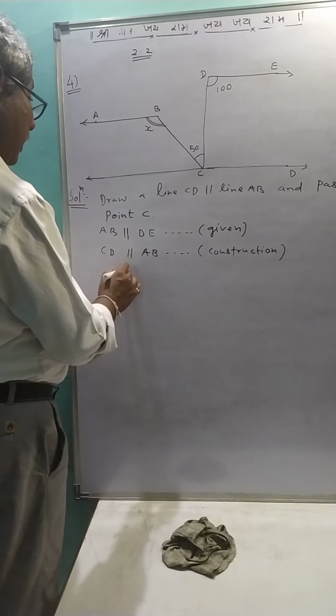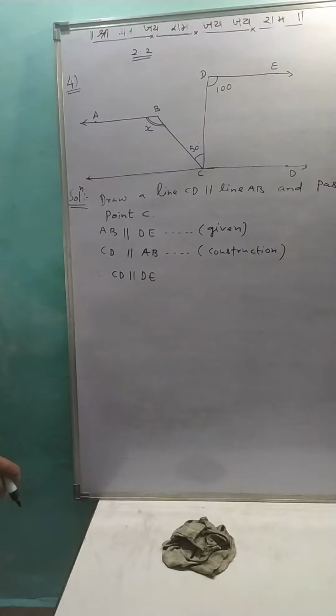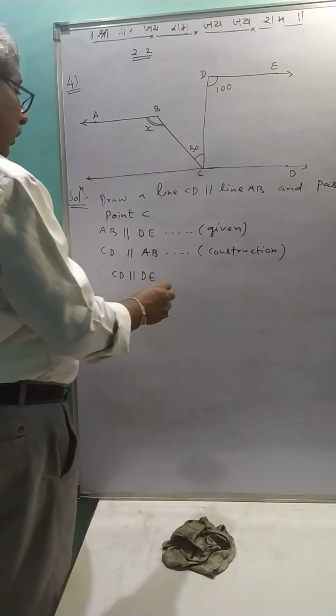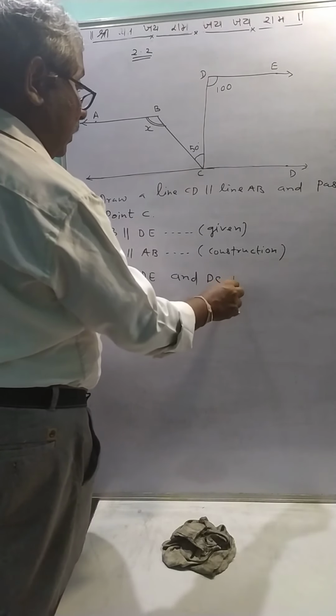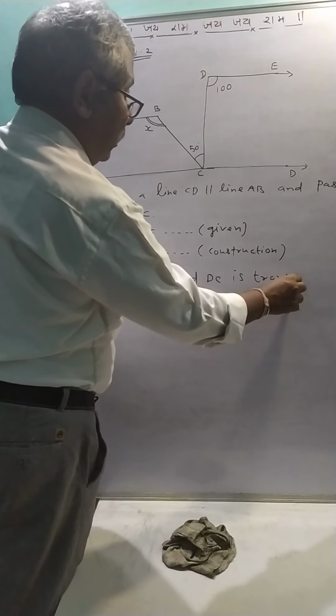Therefore CD is parallel to DE, and DC is transversal.